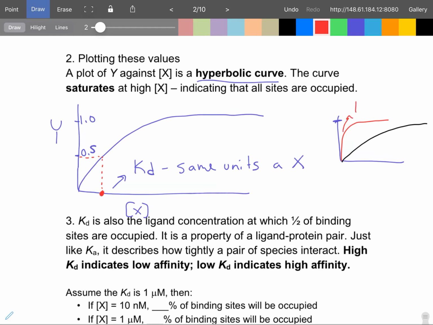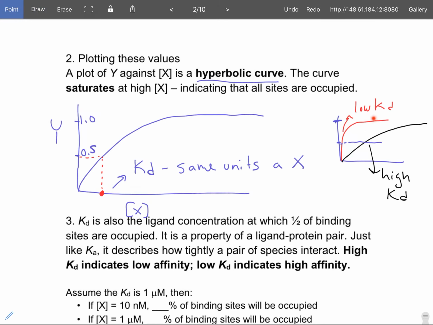This has a low KD, but this one has a high KD. If you want to identify where the 50% mark is, you can mark where those KD values would end up intersecting. So this curve represents a protein ligand pair that has very high affinity, and this represents a protein ligand pair that has considerably lower affinity.